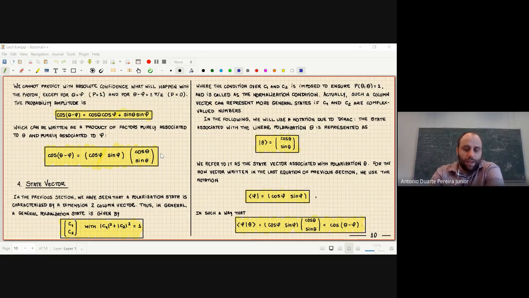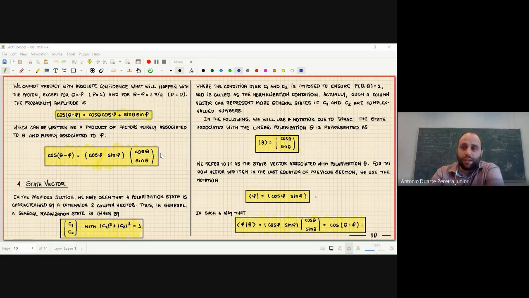We talked about wanting to define a quantum state. A quantum state is an object that contains the information that I need to describe a system at the quantum level, as the classical state was the set of quantities that I needed to describe a classical phenomenon.